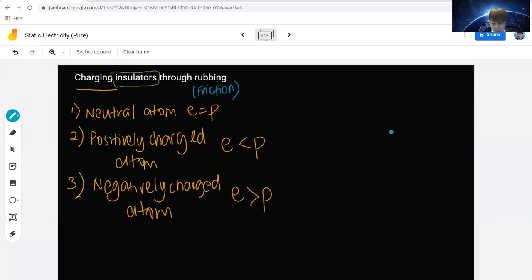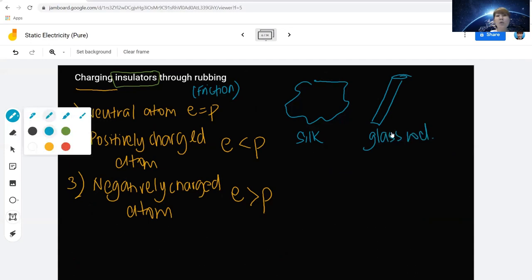Let's take a very common example. Say we have a piece of cloth made of silk, which is an insulator, and a glass rod, also an insulator. At the very beginning, they are neutral because nothing has been done to them. They are in their natural state.